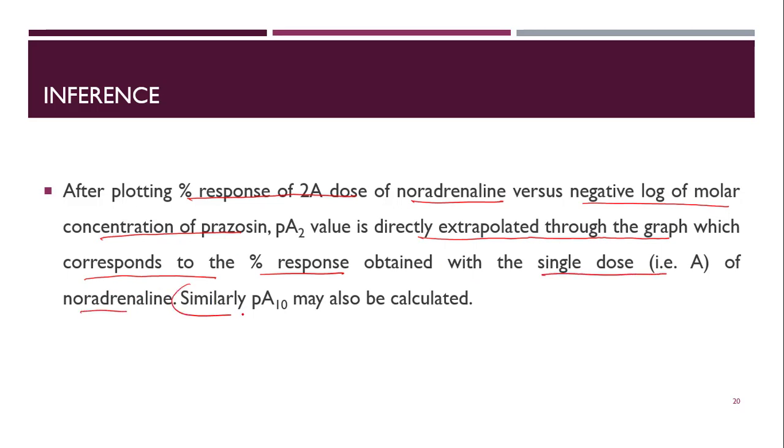So similarly, pA10 can also be calculated. So you should understand that whatever values we have on the y-axis correspond to the percent response of the 2A dose of the noradrenaline, and whatever values we consider on the x-axis correspond to the negative logarithm of the molar concentrations of prazosin.